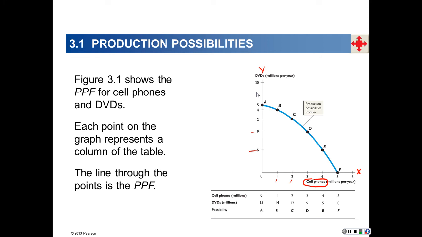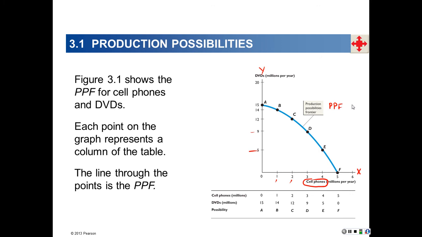Right, now we have the blue curve, which is passing through points A, B, C, D, E, and F. That blue line is our PPF. Now let me explain this in a little more detail.